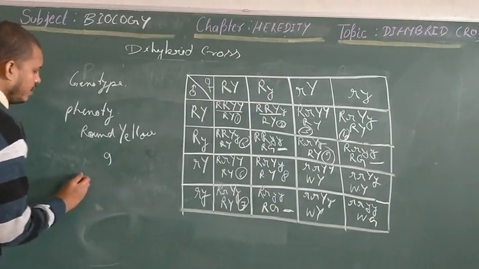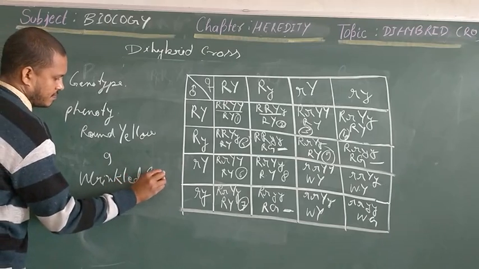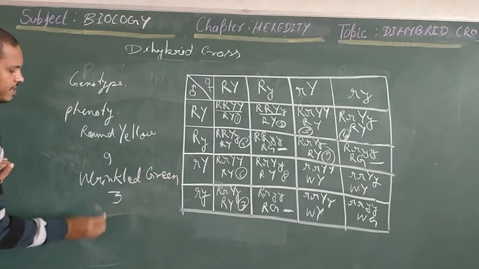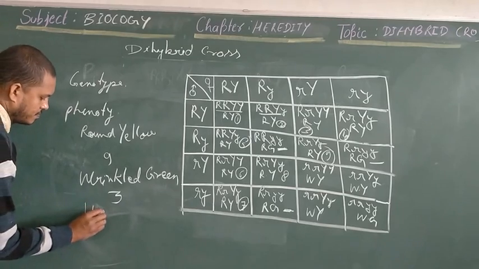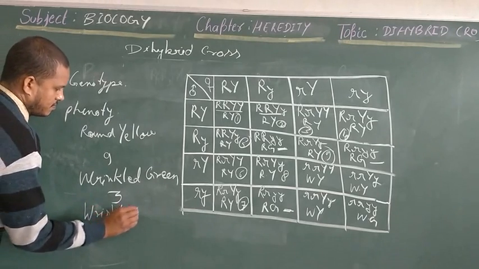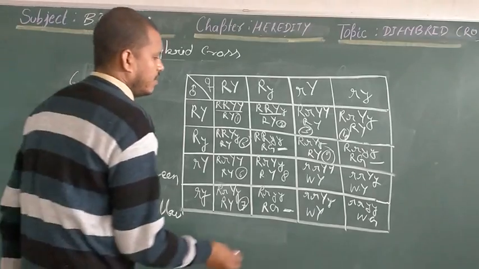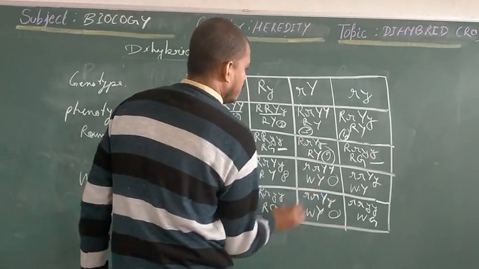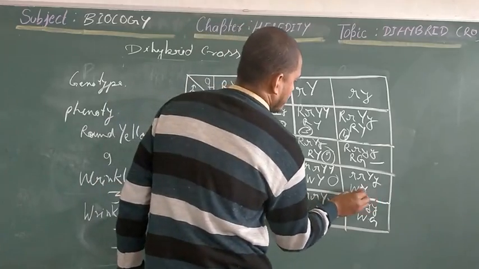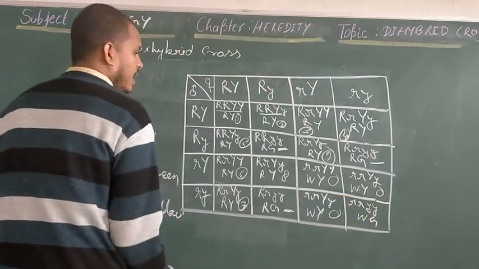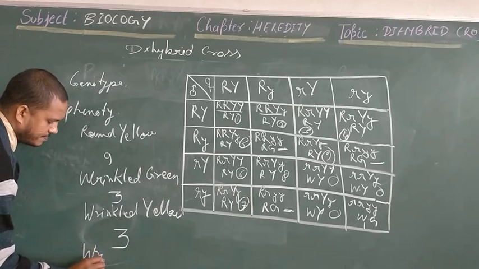You will get 3 wrinkled green. Then wrinkled yellow. How many? 3 wrinkled yellow. 1, 2, and this is wrinkled yellow, 3. And 1 you will get wrinkled green.